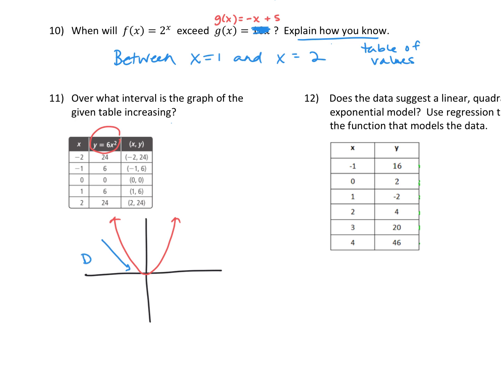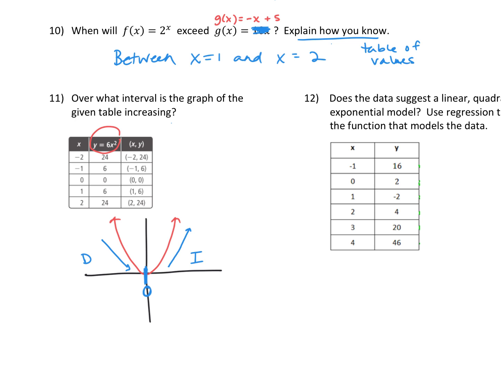I'm going to put a D for decreasing. Our function values are getting smaller. Then right here, it switches, and now our function values are getting bigger, and they're increasing. So where does that switch happen? That switch happens when x is a 0.